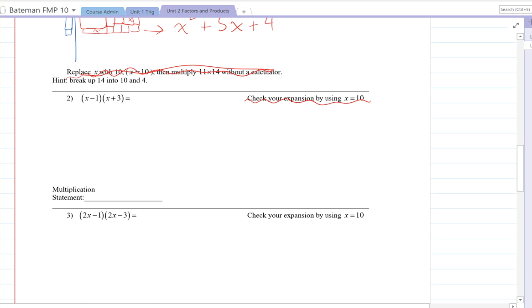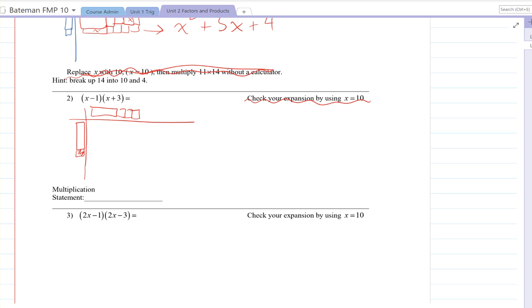Here we have x minus 1 times x plus 3, so let's draw that out. Here's x plus 3 rather. Truthfully though, like I said, I could put them in either spot, it would be just fine. Okay, and so what we have is x times the x plus 3.